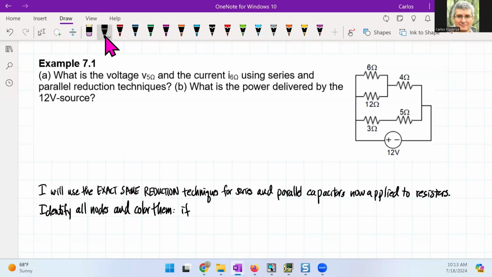If two elements have one color between them, they are in series.